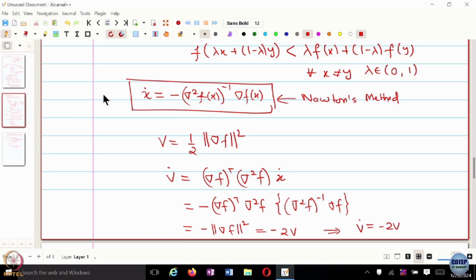So in this example here, if we had used simple gradient flow, we would have gotten v dot is negative gradient f transpose Hessian f times gradient f, right? And Hessian f, we know that it's positive definite. So we would have gotten v dot strictly less than 0. That means asymptotic stability of x to x star, which is what you can derive even in this case as well.